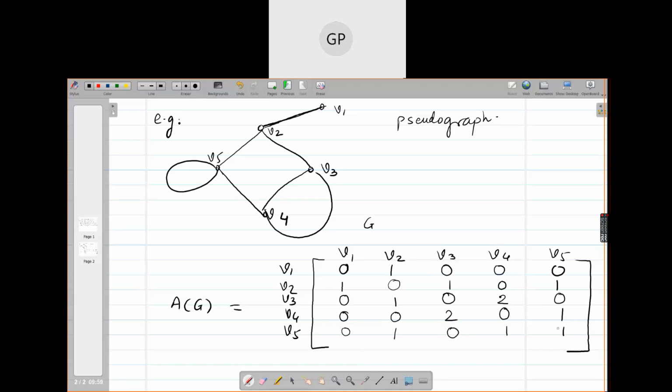Now, what do you observe here? Do you observe any pattern? The first row is the same as the first column. The second row is the same as the second column. The third row is the same as the third column. So what type of matrix is this?